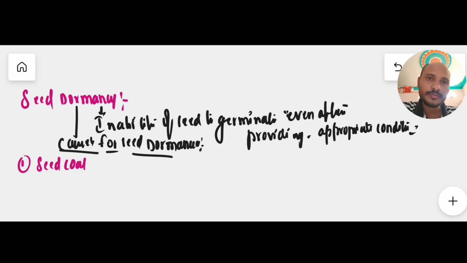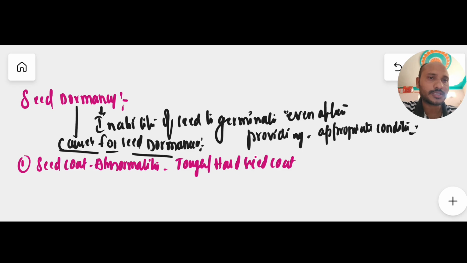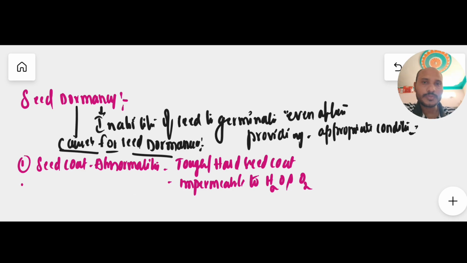It means that if the seed coat is tough and hard, the seed does not undergo germination, or if the seed coat is impermeable to water and oxygen or air. And one more important cause is that there are some inhibitors, like chemicals, that inhibit the seed from germinating.